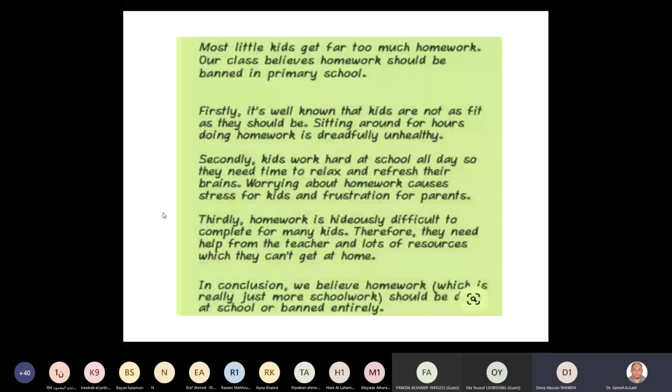Okay. So this is again an essay, a persuasive essay where the writer is trying to persuade us, or perhaps persuade the school administration, to stop assigning too much homework.